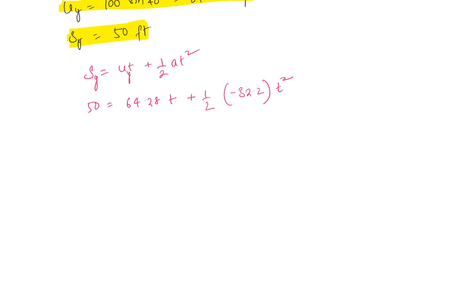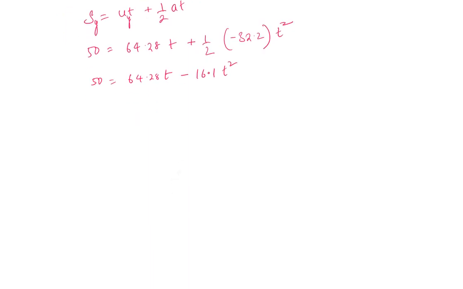Okay, so let's solve this. Now what do we need to do? 50 equals 64.28 t minus 16.1 t square, where I divided 32.2 by 2. If I rearrange this, I get 16.1 t square minus 64.28 t plus 50 equals 0, and this is a quadratic equation in t.